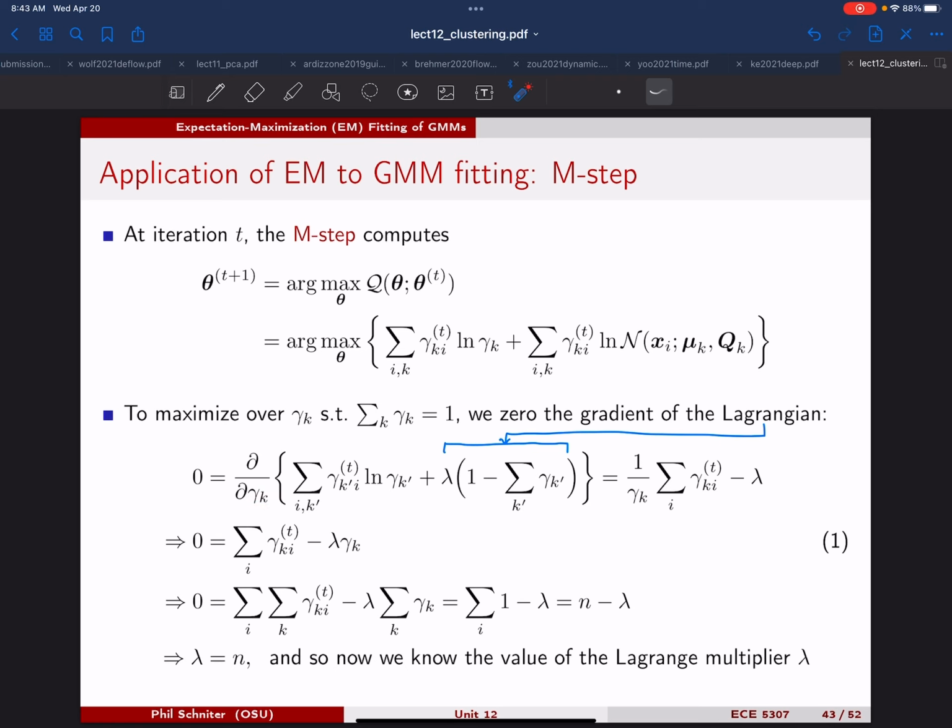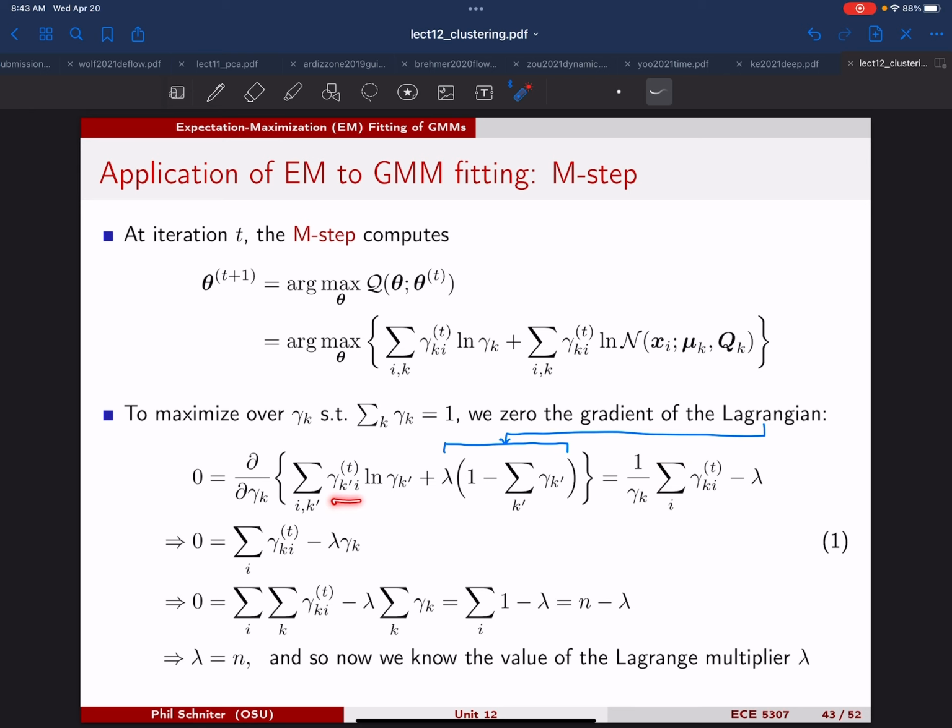So first, we're going to see how to set the derivative to 0 with respect to gamma k. So I compute the derivative of this. It's pretty easy because there are only 2 places gamma k shows up, here and here. So here, because of the log, we know this is 1 over gamma k. Here I'm writing the sum over all the different k primes, but there's only one of those that we care about, which is k. So we'll have the sum over i, but not over k prime.